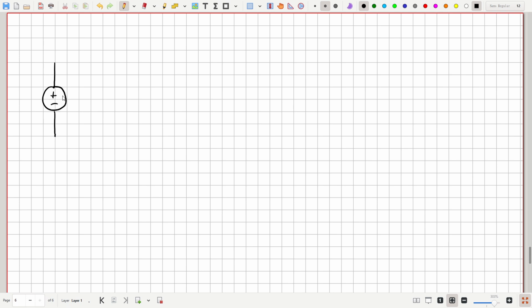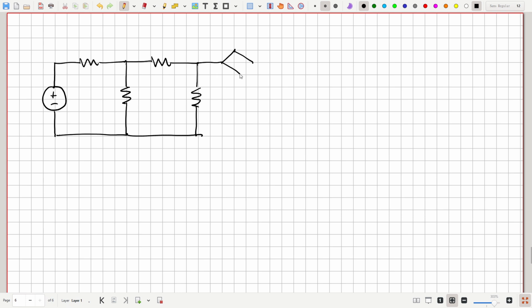So here's an independent voltage source, resistor, resistor, resistor, another resistor, and then here's our dependent voltage source, resistor, and then an independent current source.